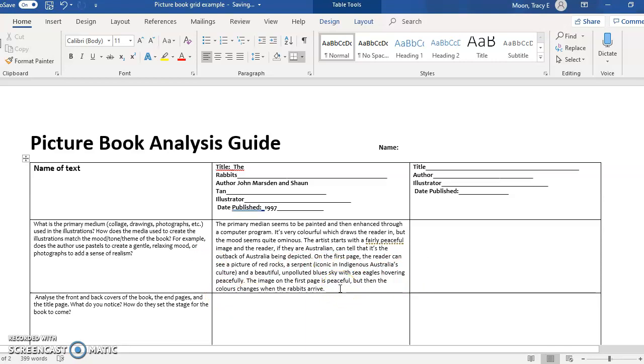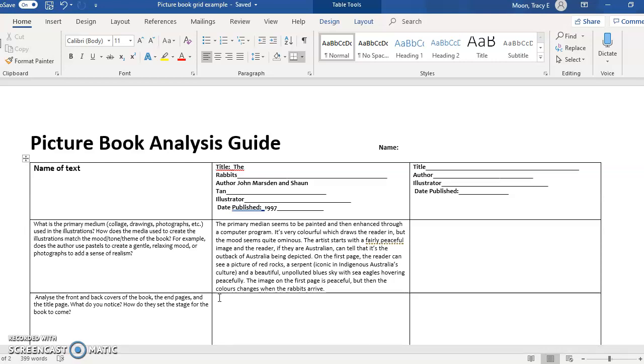And so already I've got so much information there just from the first page, which sets the scene for this story because it tells you so much. So next, I'm going to run out of time.